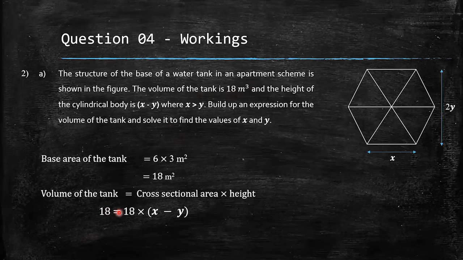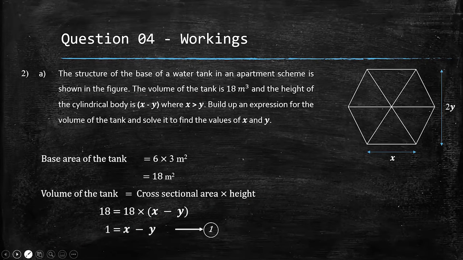So the volume will be equal to the cross-sectional area we have found earlier, which is 18 meters squared, into the perpendicular height, x minus y, which is given in the question. So 18 is equal to 18 times x minus y. Once you solve it, you can see 18 gets cancelled and 1 is equal to x minus y. So this will be our first equation.